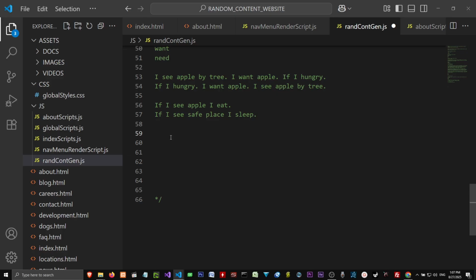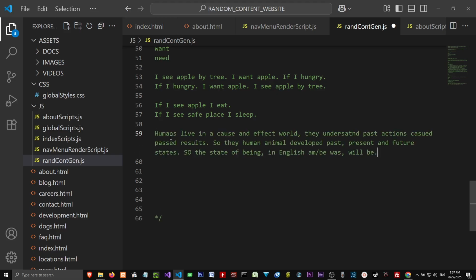All of our biochemicals in our body evolved for us to survive. It's all about cause and effect. It's all about signal and an output and a feedback loop. So humans live in a cause and effect world. We understand past actions caused past results.